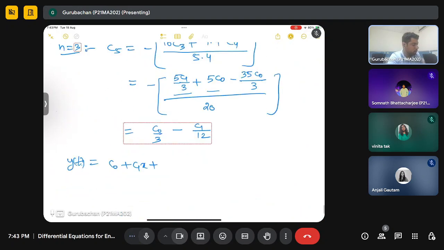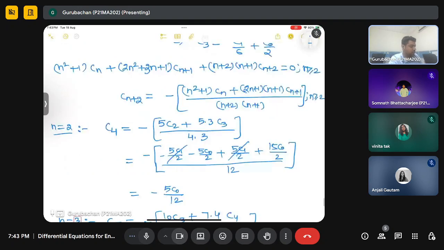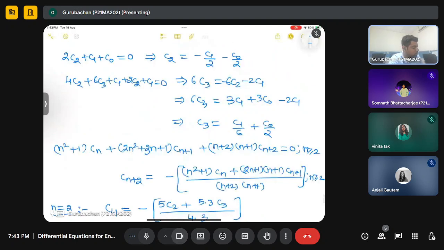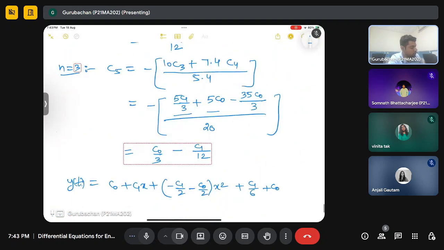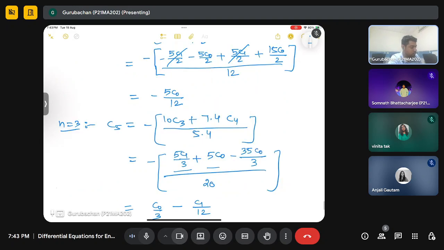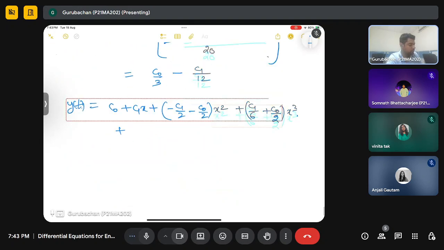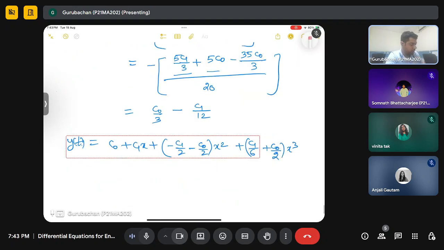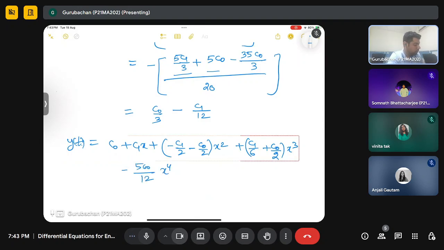So minus C1 by 2 minus C0 by 2 into x square, while C3 is simply C1 by 6 plus C0 by 2, x cube, plus C4 is minus 5 C0 divided by 12, x to the power 4, plus C0 divided by 3 minus C1 divided by 12, x to the power 5.